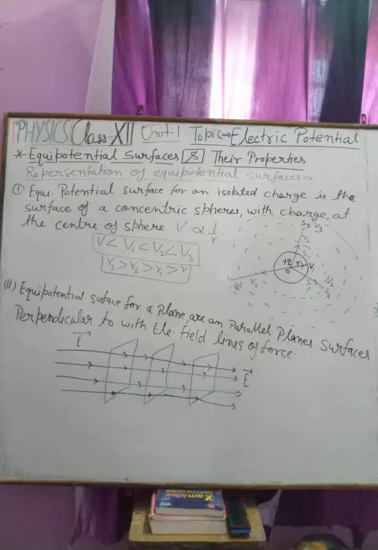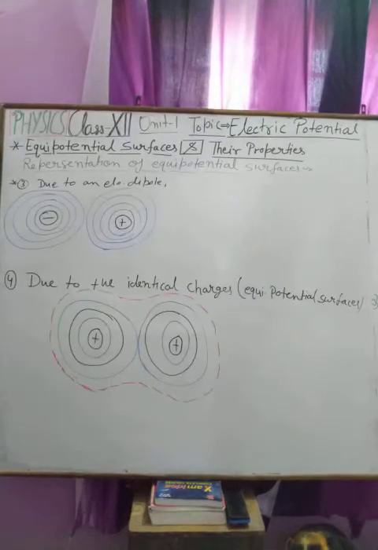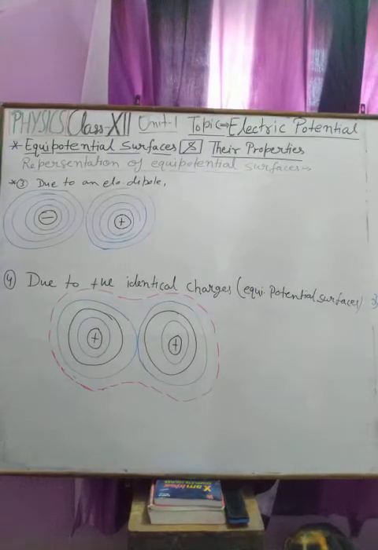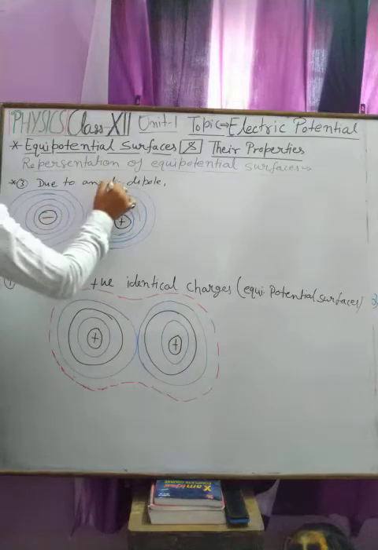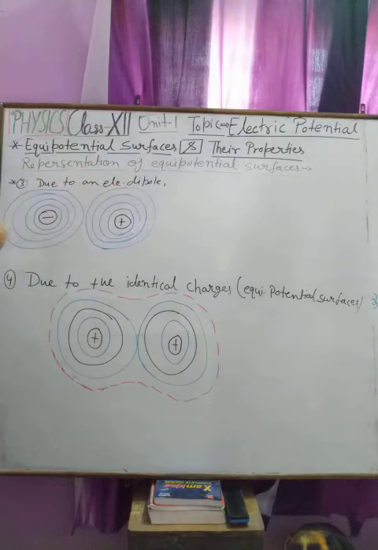Copy this. Then we take other two forms of equipotential surface. These are the other two surfaces. First is due to a dipole, electric potential surfaces like this.